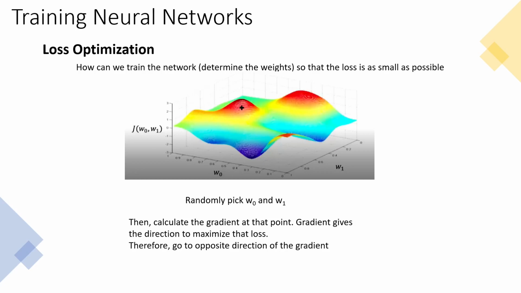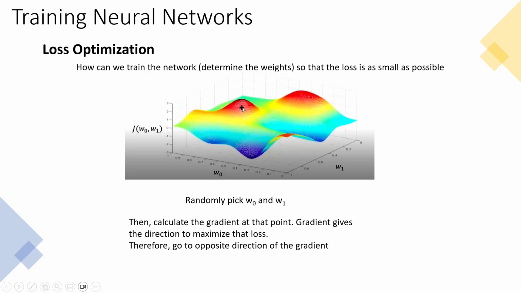So remember what we were doing with gradient descent? We randomly pick a point. Let's say we pick this point, W0, W1. And then we calculate the gradient at that point. What the gradient gives is basically the direction to maximize that loss.